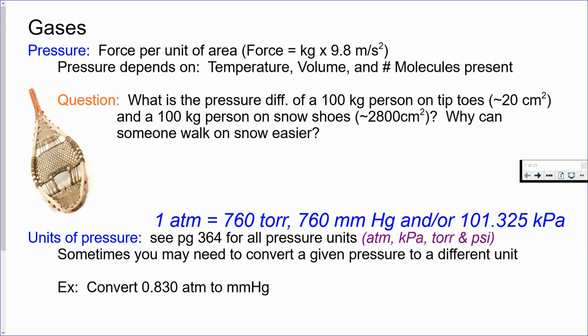When they have snowshoes, you have this very wide base to spread that pressure out, or that force of your foot. When you're on your tippy toes, you have this tiny area, and that is why the pressure is different depending on what you're walking on when it comes to the snow.